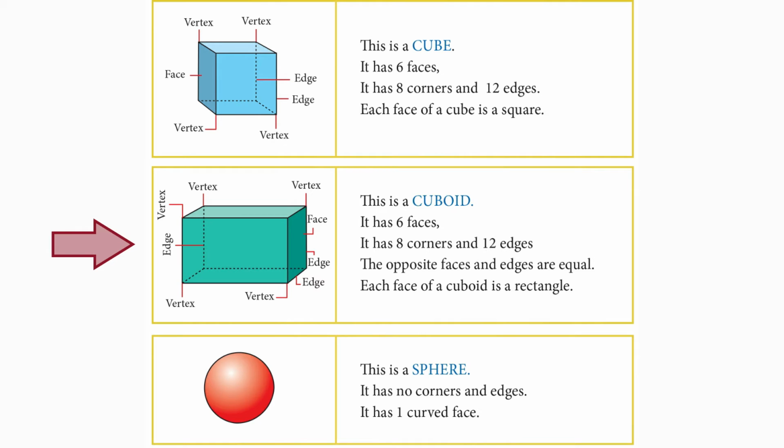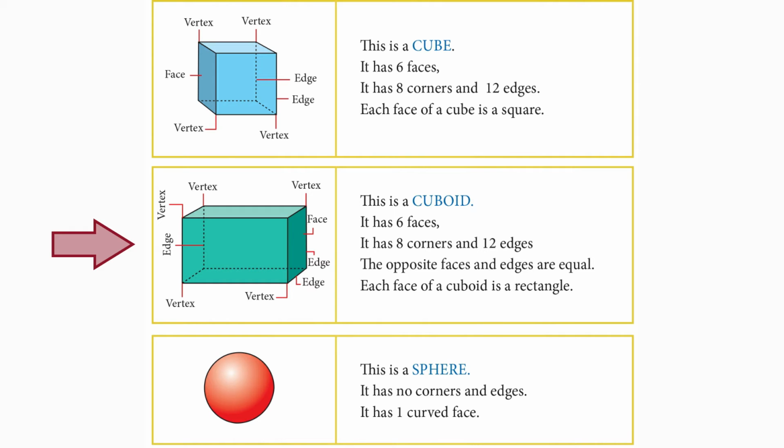This is a cuboid. It has 6 faces. Let's see which are the 6 faces. 1, 2, 3, 4, 5, 6. So, like we learnt in the cube, it has 6 faces. Then it has 8 vertices. It's written corners, but it is vertices. And it has 12 edges.